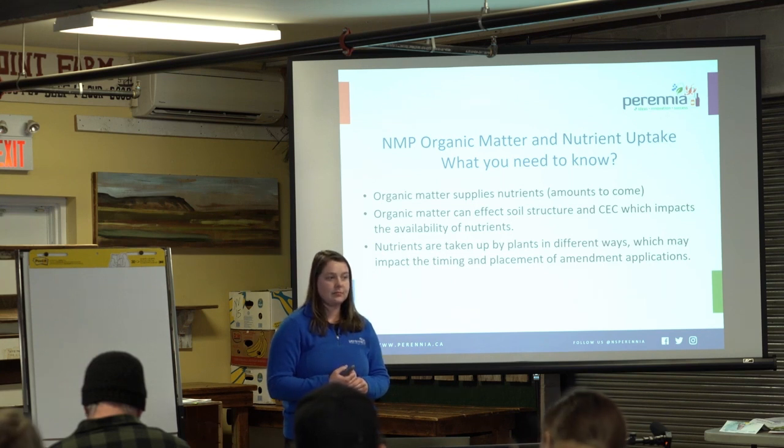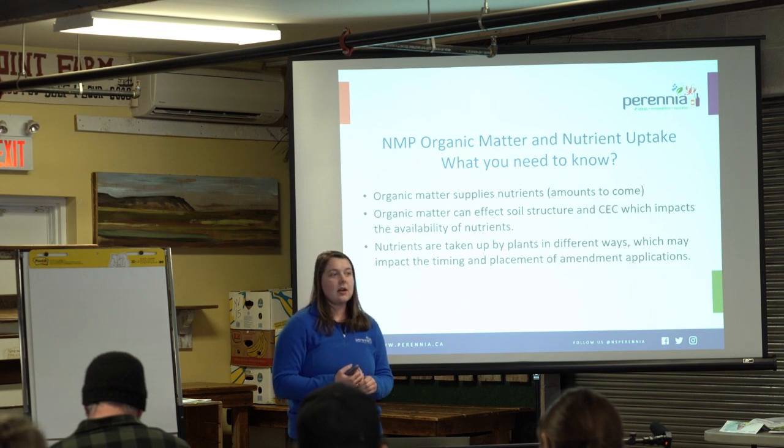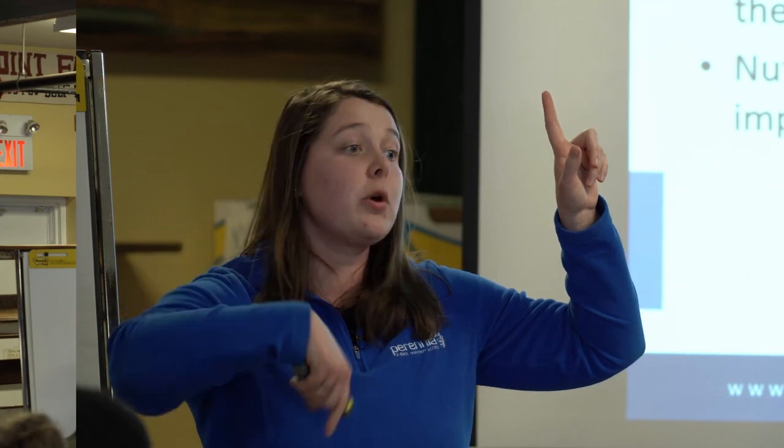So the higher the buffer pH, the less we need to apply? The higher the buffer pH, the lower the buffer capacity, so your pH would require less lime to change. It would require less time to change when you're applying that amount, but then it would likely decrease quicker, if that makes sense.